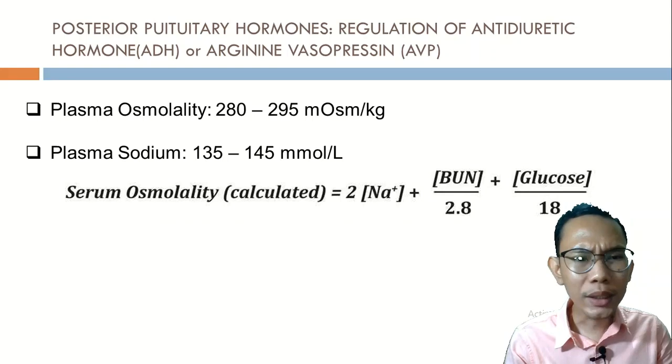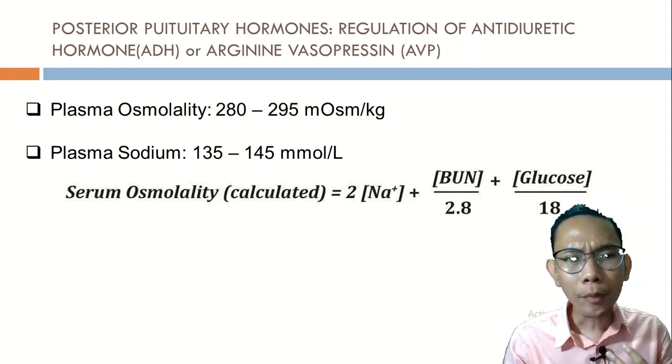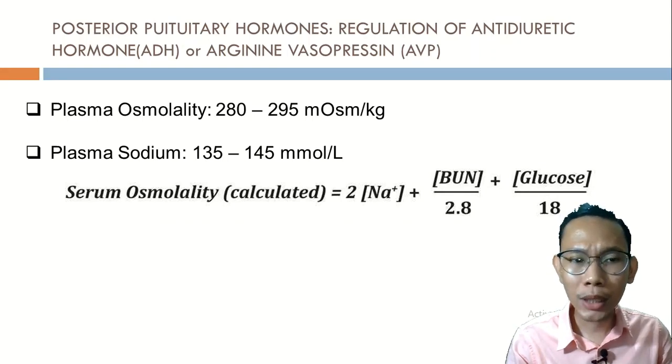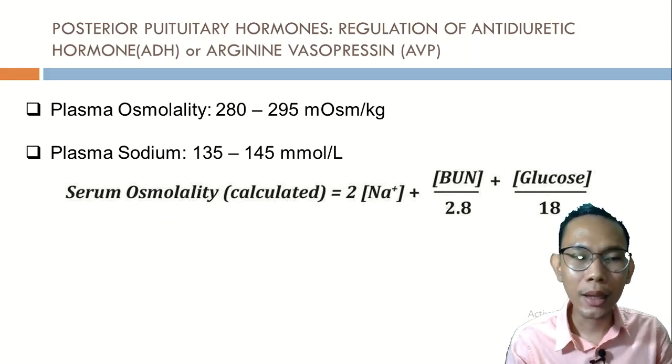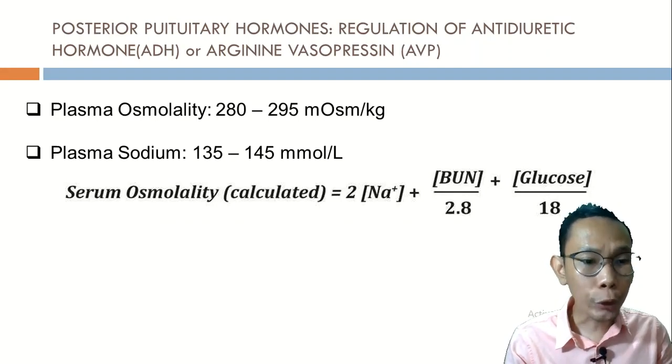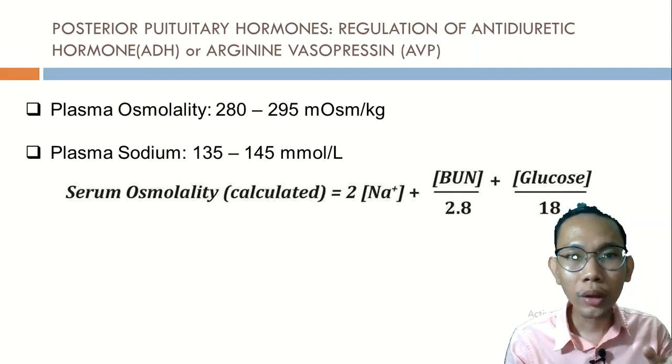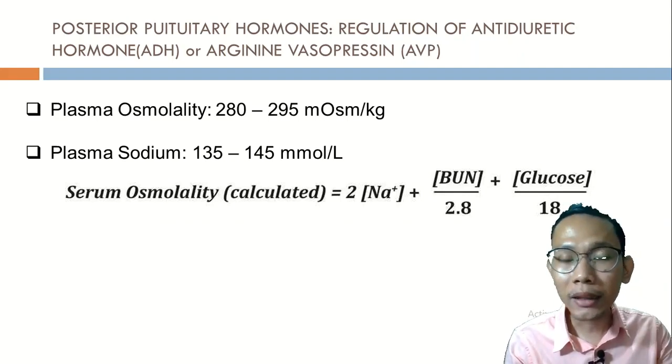So, Doc, in terms of clinical aspect, what should we use? Is it plasma osmolality or plasma osmolarity? According to my readings, in dilution, osmolality and osmolarity don't have any significant difference.